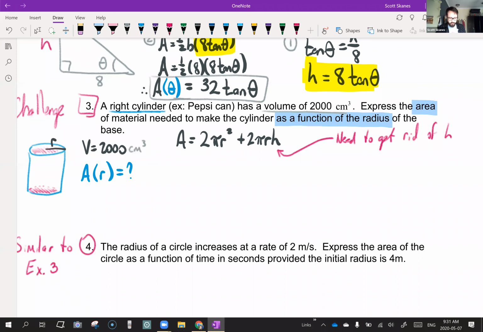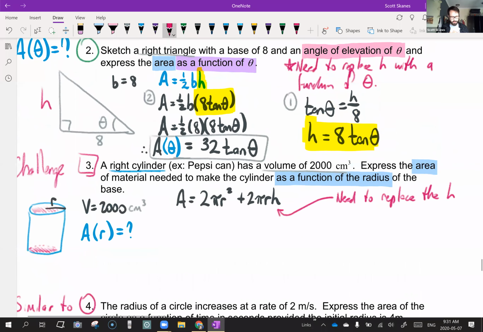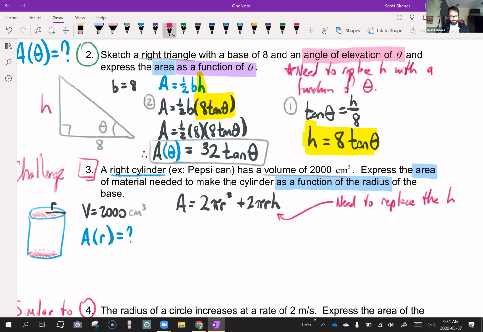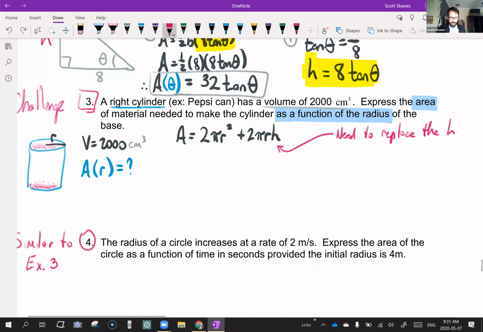Let me make it more clear, replace the h. In order to replace a variable, you need to go find a second equation. So in the first, look in question 2 here. In order to replace this h, we needed to use a second equation. So in order to replace the h now, we need a second equation.